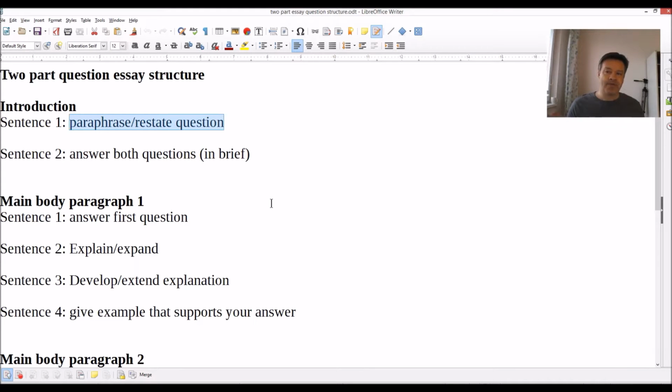Now, as I've said 1,000 times, and I'll say, no doubt, 1,000 more times, first impressions count. Get that introduction short, get it concise, nail it: this is what the question is. Some people think, I believe, what are you going to be talking about? What we don't want are these really vague, "in this essay I'm going to look at 2 views", but I'm not going to tell you what they are. That's hardly an outline sentence.